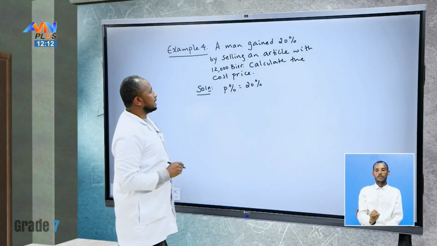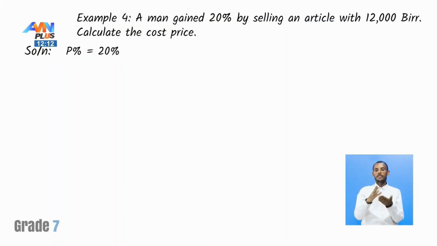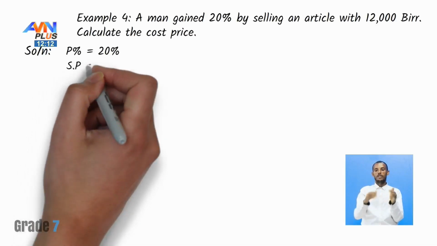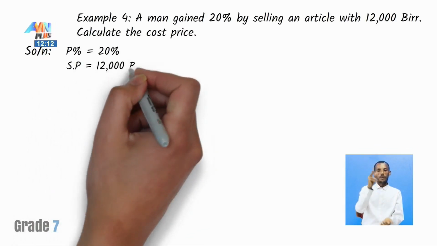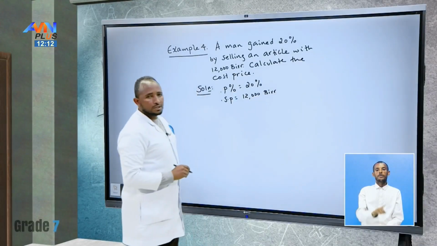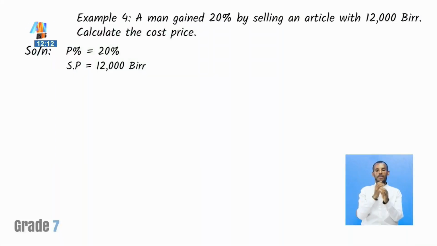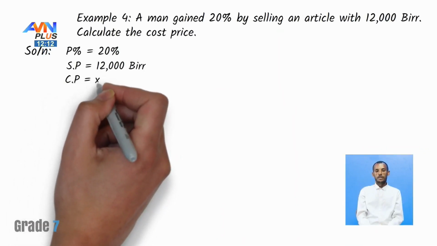By selling an article, the selling price is given. The selling price is 12,000. The question is calculate the cost price. Here, the cost price is not known. Let's assume it to be x, and we'll try to find this.